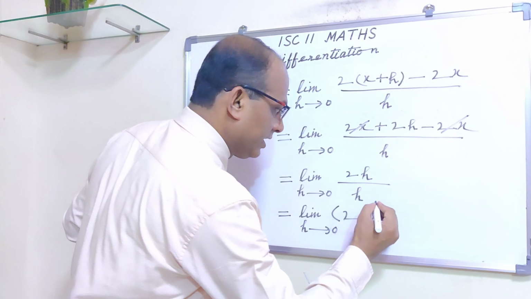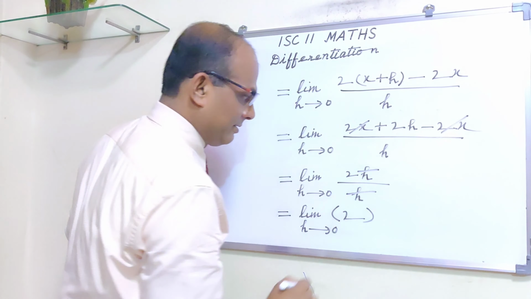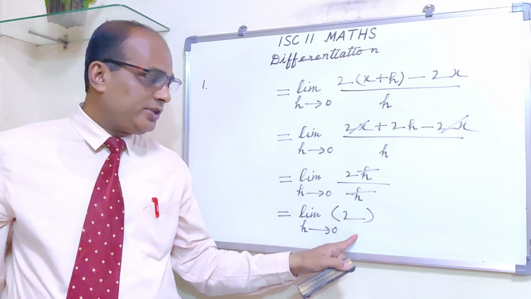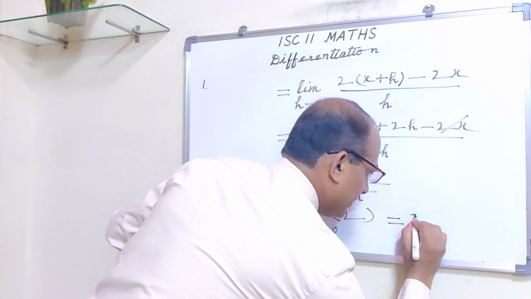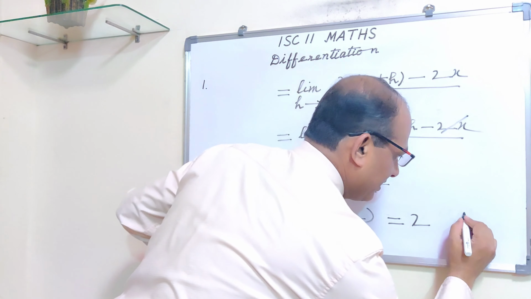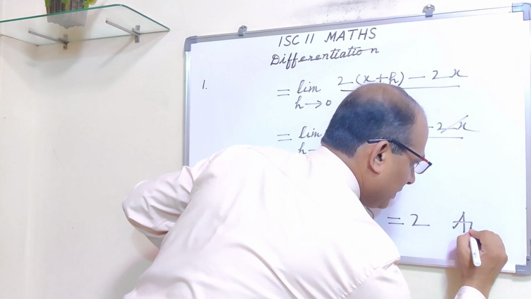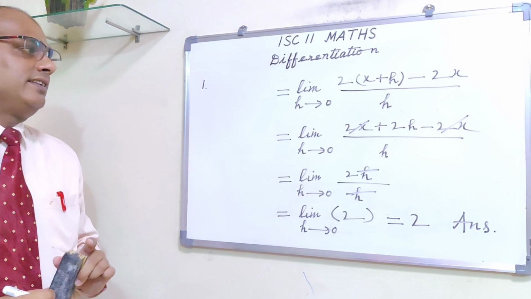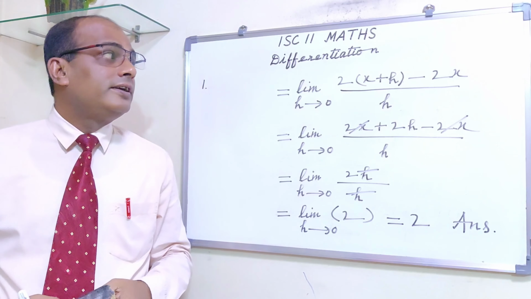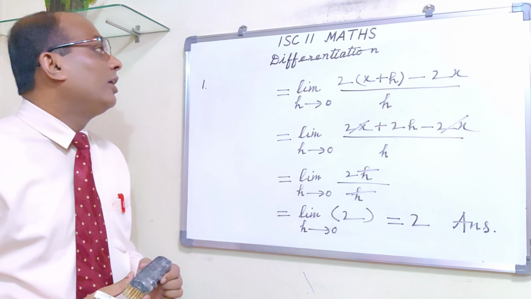There is no h, this h and this h cancel each other. Because there is no h, simply 2 is the answer. So you are getting 2 as the answer. Got it? Okay, now next question.